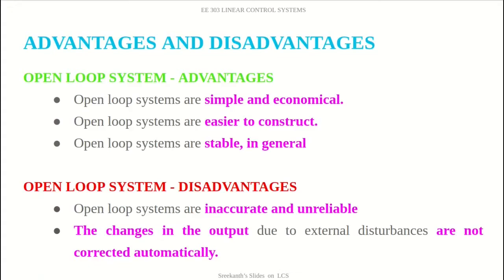Moreover, whatever the output value is can be unreliable or inaccurate, because we may not know if there has been any influence of the noise or disturbances in the output. Now due to these disadvantages, we generally opt for a closed loop system.